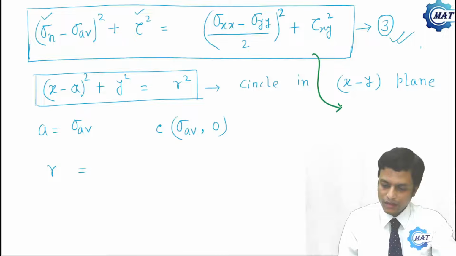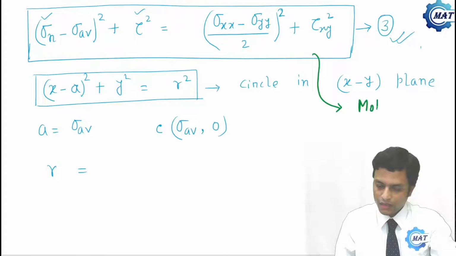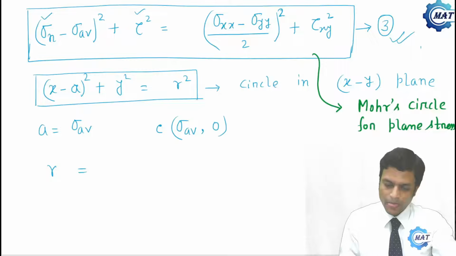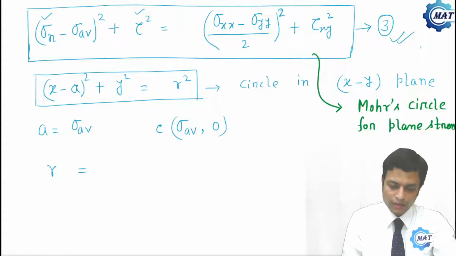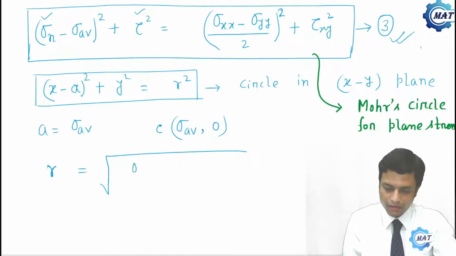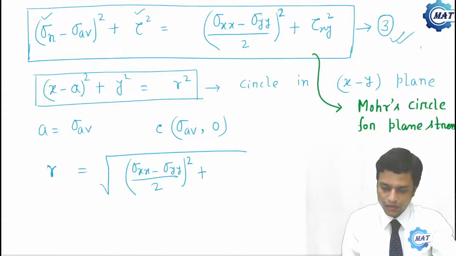This is the equation of Mohr circle for plane stress, and what is the radius of the circle? That is root over sigma xx minus sigma yy by 2 square plus tau xy whole square.